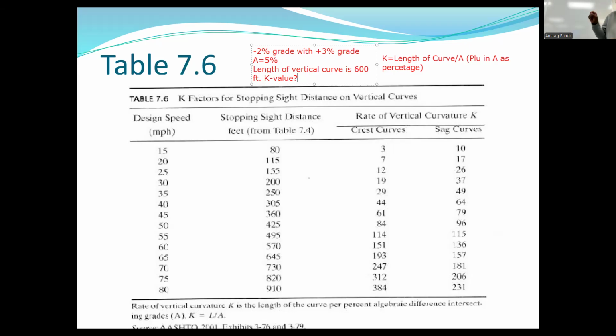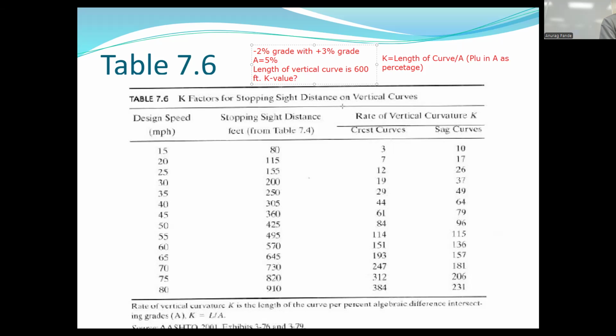This is a very important value to be able to estimate, because first it makes problem solving on sight distance very, very easy, very straightforward. Never have to worry about those complicated formulas, because this gives you a conservative value for both sag and crest vertical curve. And this table 7.6 has something very useful here.